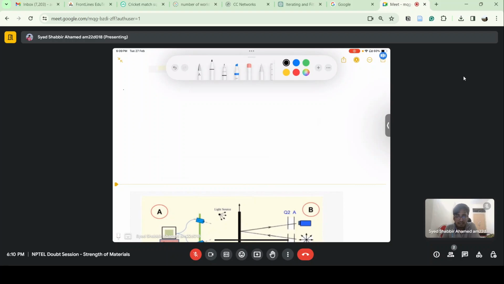Whenever we take a coordinate system, it can be either a rectangular coordinate system, or, when we have circular or some kind of elliptical shapes, we also take a polar coordinate system.